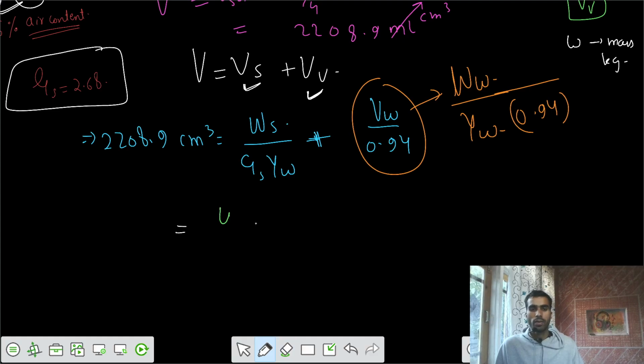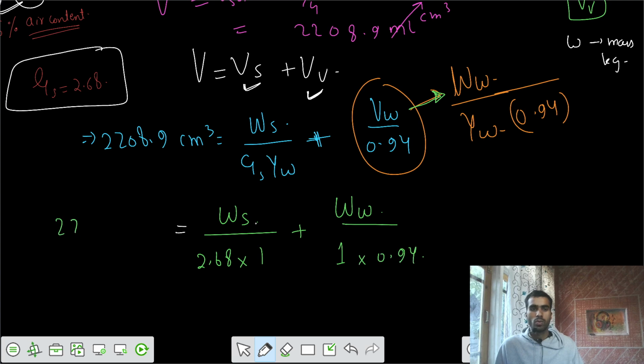We have some weight of solids divided by 2.68 into 1 gram per cc, plus volume of voids, which we have converted in terms of weight of water divided by 1 gram per cc into 0.94. So this is equal to 2208.9 cm³, and in the denominator we have gram per cc, 1 gram per cc.